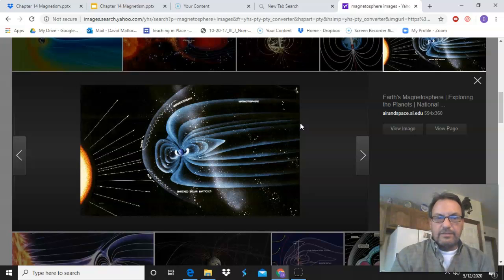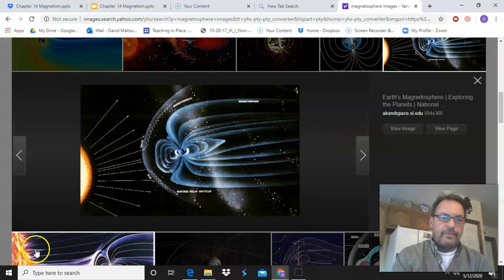But this magnetosphere is just very important to our survival on the Earth. And when you look at it, you can see, once again, how on the side of the sun during the daytime, it's not as far away from the Earth. It's not as thick in that area because it is doing a lot of work right there. Then at nighttime, the magnetosphere extends much further away.